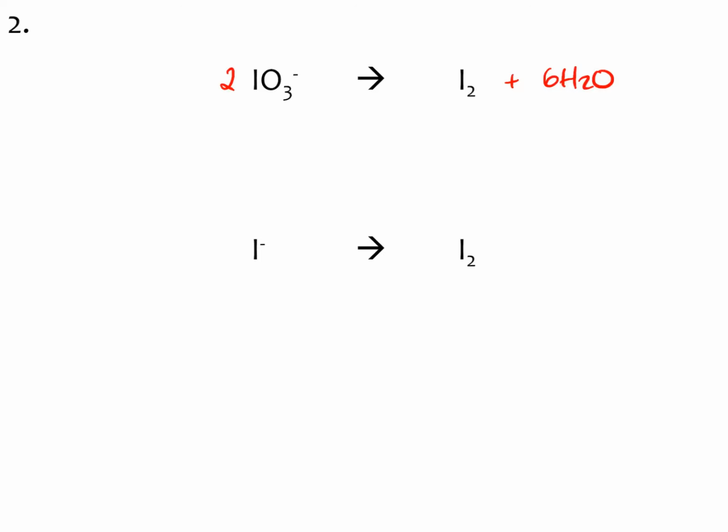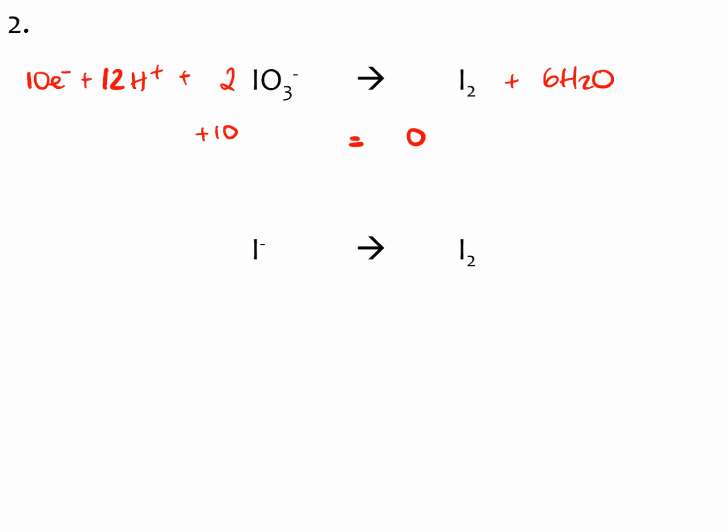We've now introduced 12 hydrogens thanks to the 6 waters, so we need 12H+ on the left hand side to balance those out. And the final thing is to balance the charges. Currently we have a +10 on the left hand side, because 12 plus and 2 minuses is +10, and we have 0 on the right hand side, so we need 10 electrons on the left to balance those out.